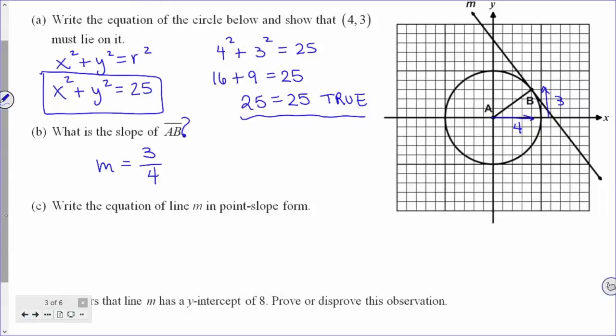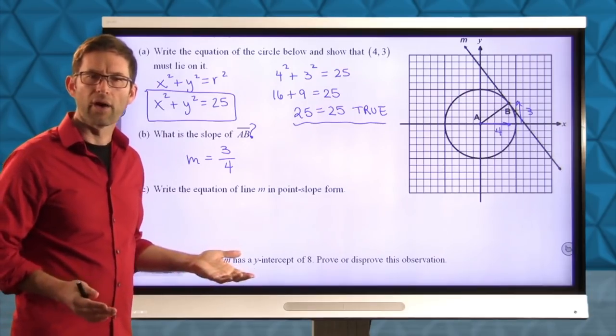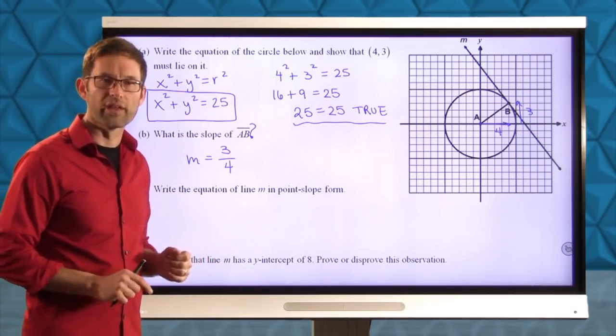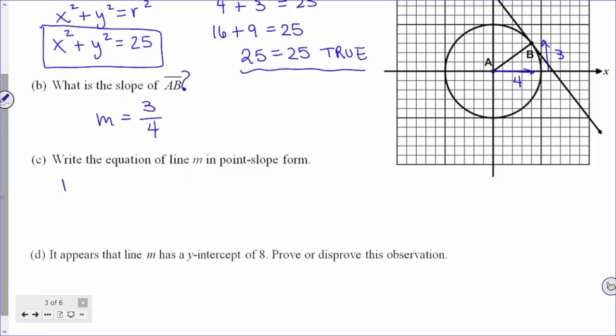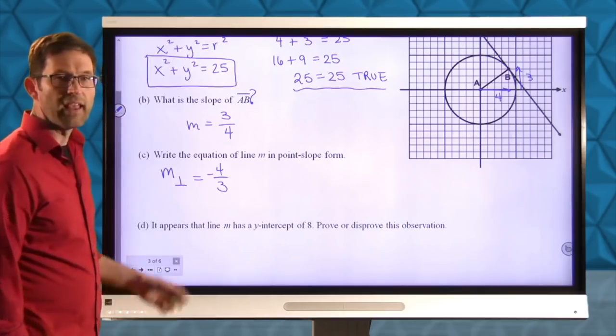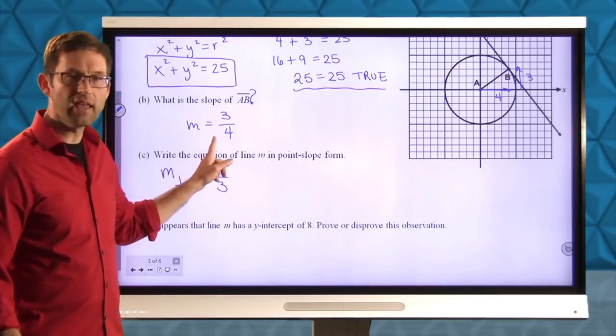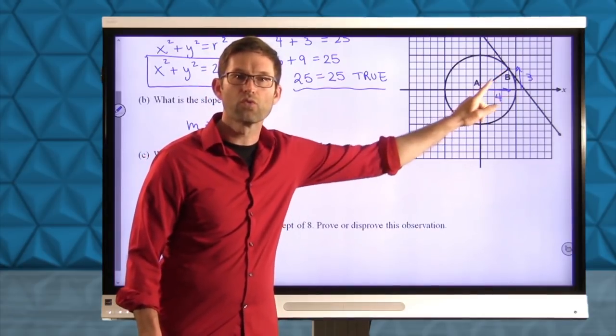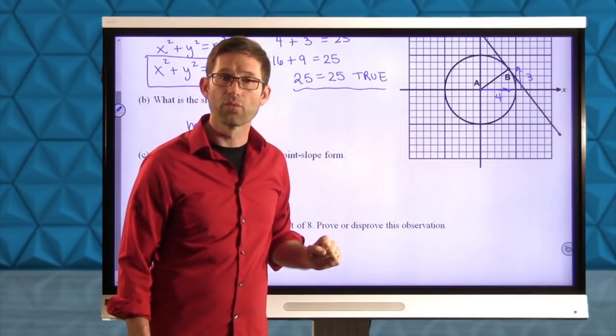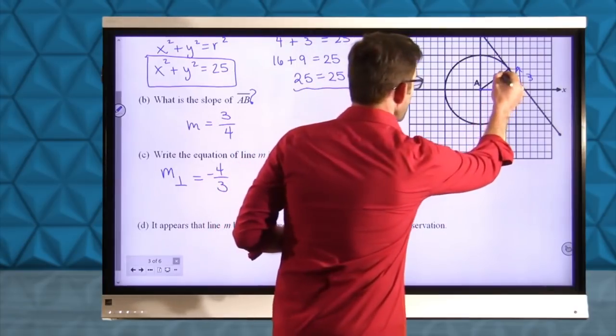But let's take a look at letter C. Letter C asks us to write the equation of line M in point-slope form. Well, how do we do that? Well, the cool thing is, right, line M, that tangent line, must have a slope that is negative 4/3, right? It's got to have a slope that's the negative reciprocal of 3/4 because it's got to be perpendicular to radius AB, right? That's the key.